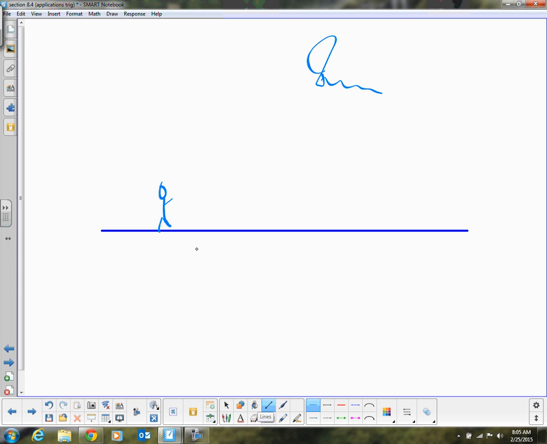Draw a line from him to the balloon, and the balloon to the ground. What would this be considered? A leg of the right triangle. It's the height of what? The balloon. Right? So they talked about an angle of elevation.